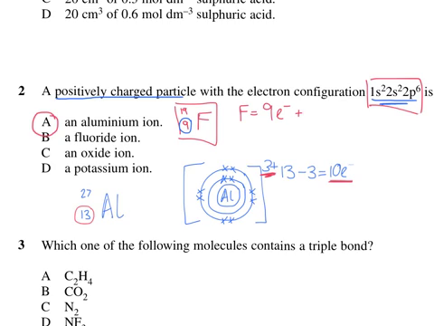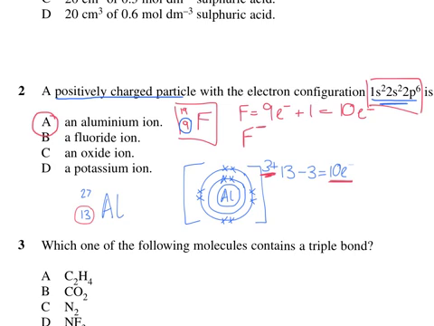Well, it gains an electron, and so it has a total of 10 electrons, which is the number of electrons we are looking for. But think about the charge on the fluoride ion. Fluorine has gained an electron, and so it has a charge of minus. So therefore it can't be our answer.